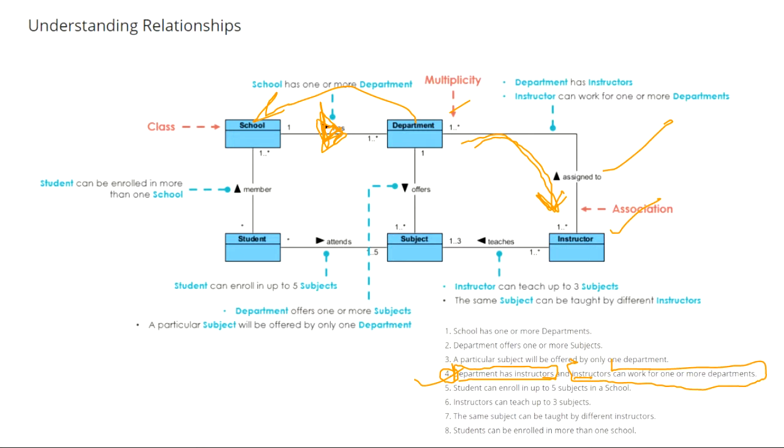If we were reading from department to instructors, we would have read it as department has one or more than one instructor. But here we are just saying that department has instructors. We are not reading the multiplicity from left to right. Why are we not reading it from left to right?